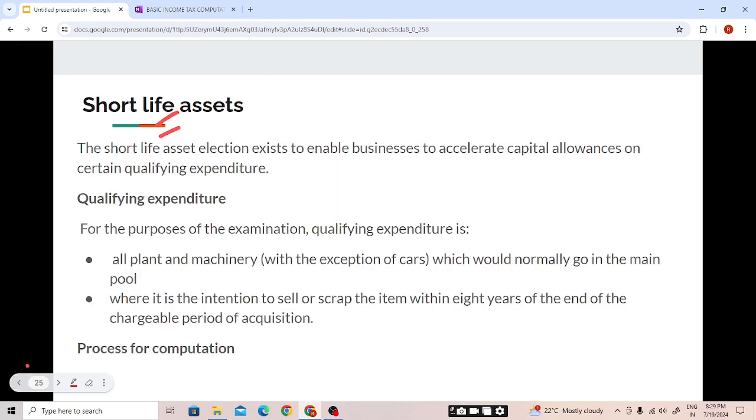So students, this pool includes the expenditure of plant and machinery which would normally go in the main pool, where there is an intention to sell or scrap within 8 years of the end of the period of account. I hope this point is clear.